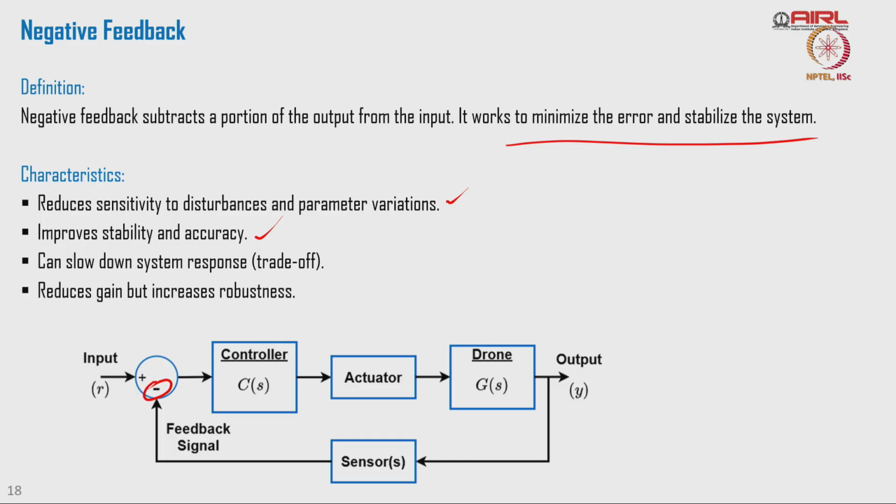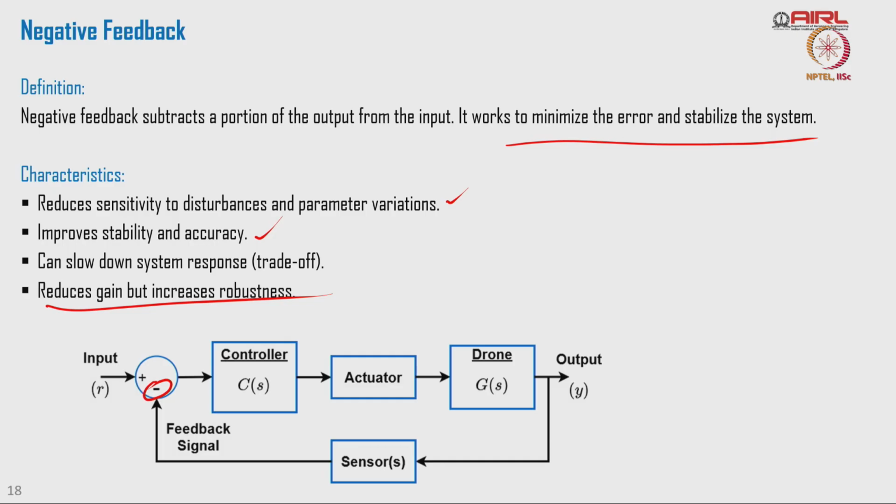Okay. We are not going into all the details of how negative feedback performs these functions, but it is expected that readers will go through the reading materials and understand all these things. We are giving these points so that it becomes clear what is important in control system design of drones.